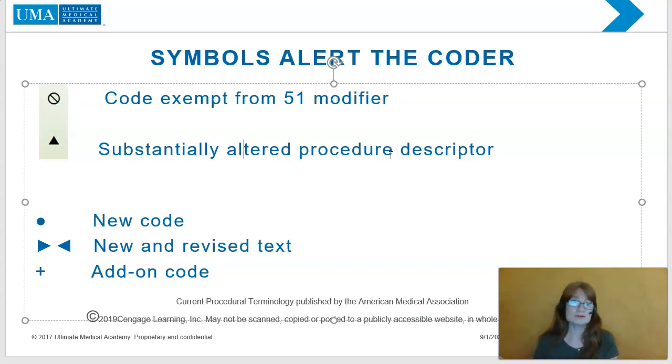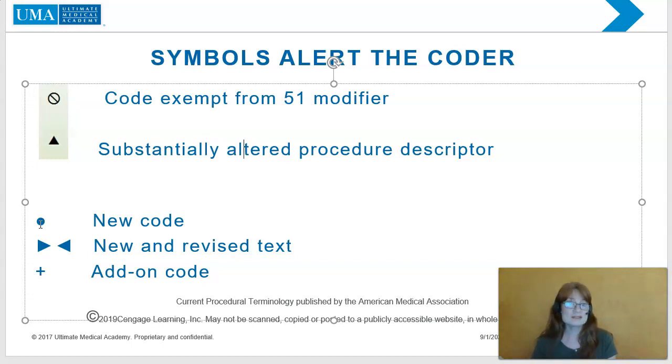Since these books are updated, new codes get added. All those new codes will have a solid dot next to them, to the left of the code. You'll always see your symbols to the left of the code, and then your description follows to the right. Now text gets revised. Text is all throughout the CPT book. It could be in the form of guidelines at the beginning of the section, beginning of the subsections or the group of codes.